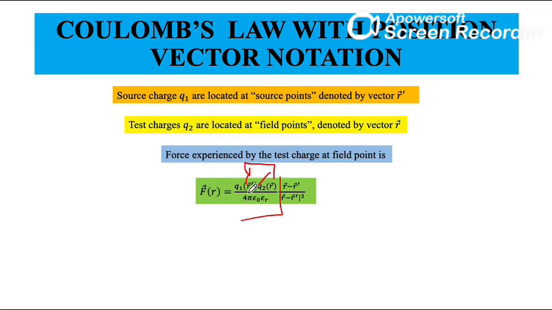That is, from source point to field point. We know that the unit vector is given by R minus R prime divided by its magnitude, and the magnitude is the magnitude of R minus R prime.